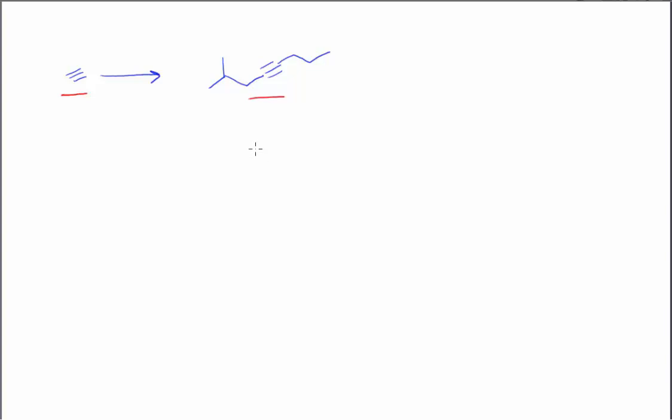Well, we're going to have to do our deprotonation and SN2 reaction. So we use NaNH2. That gets us to the anion. We can add one of the alkyl groups, so let's add this group. You should be able to figure out how many carbons we need to add and what the shape of that group should be. Go ahead and think about that.